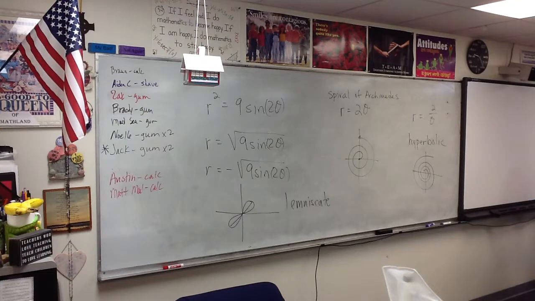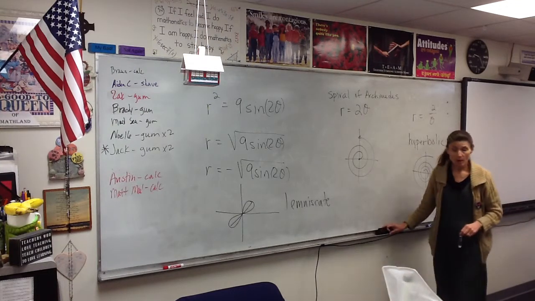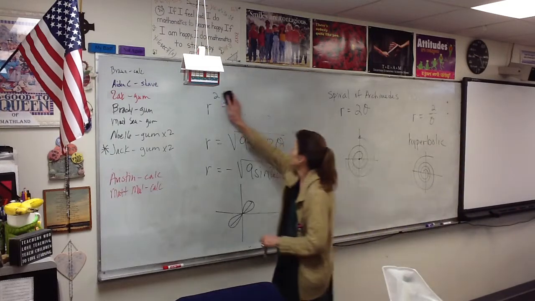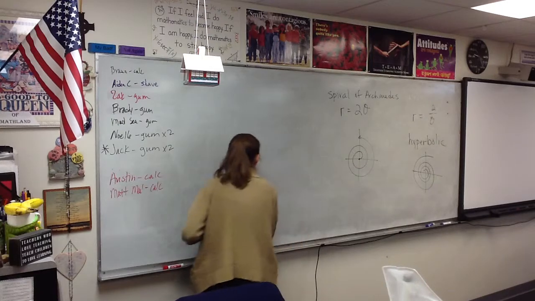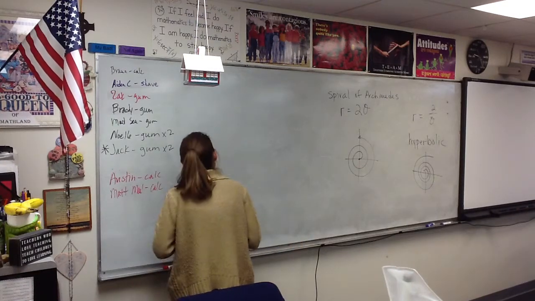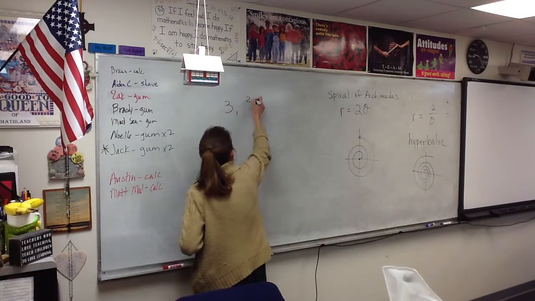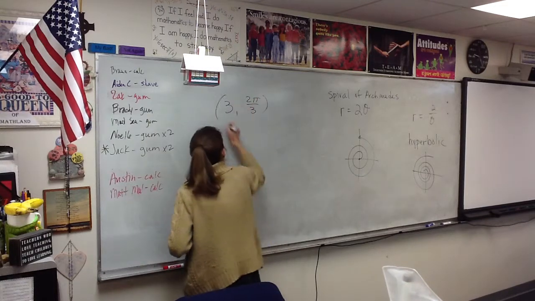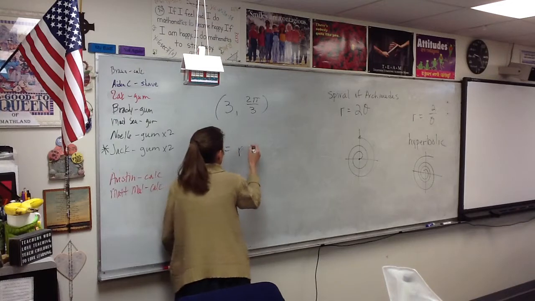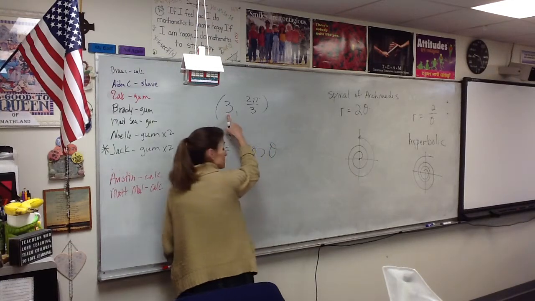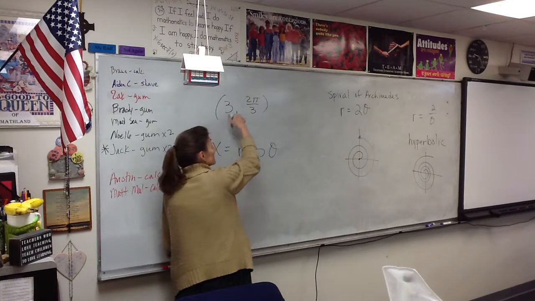Find the rectangular coordinates for (3, 2 pi over 3). How do we find rectangular coordinates? First of all, what does it mean? What are we looking for? What are rectangular coordinates? We're looking for x and y. Madeline, what's x equal? That's r.